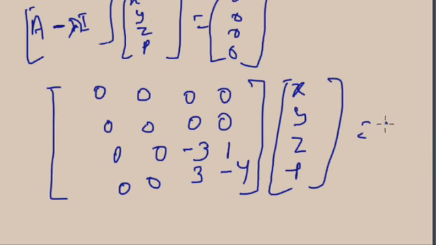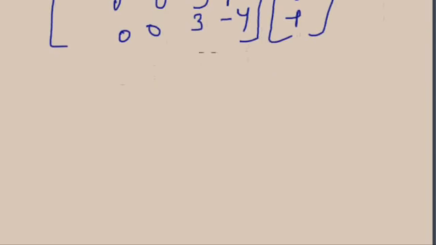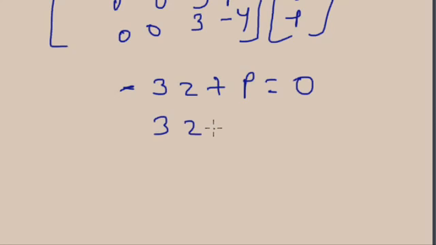is equal to 0. So from the third, because this will get no solution, and for this 0 0 3 1, make it vertical and multiply each element. What I will get: minus 3z plus p is equal to 0, and for this, 3z minus 4p is equal to 0.